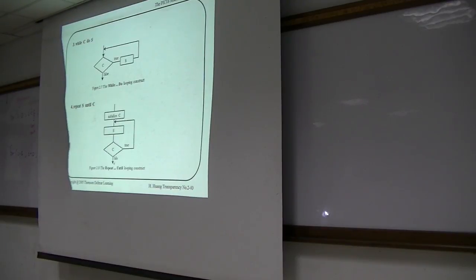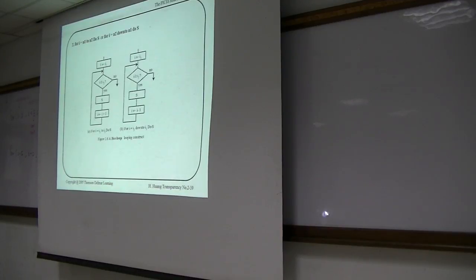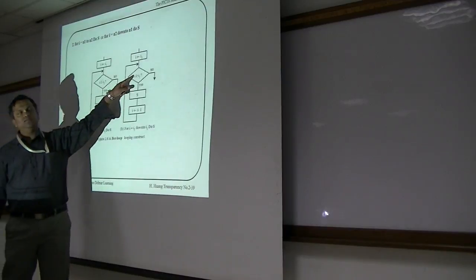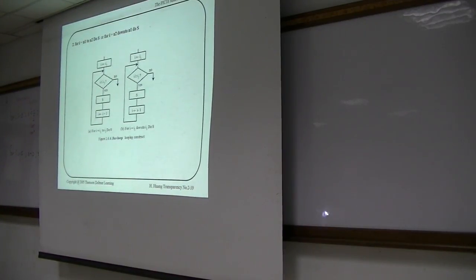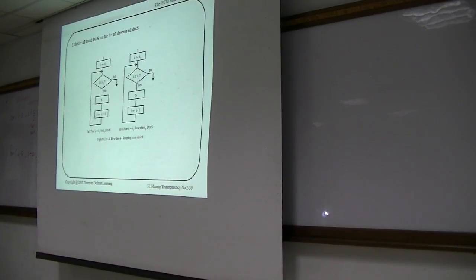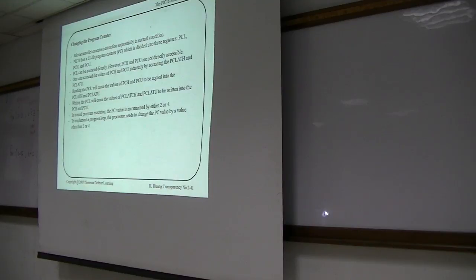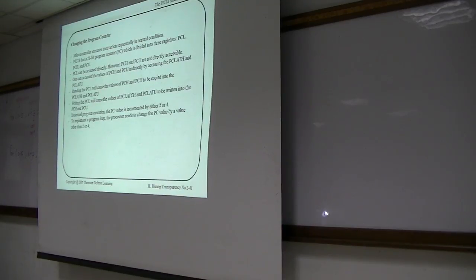The other one, you just do first, then you check. Now they are just different ways of doing it. It could have the same structure. So later, from the example, actually we'll see.